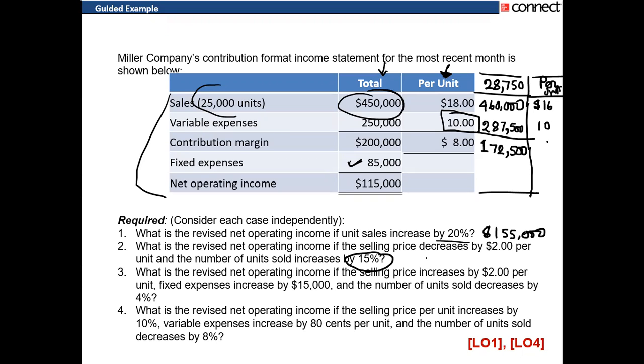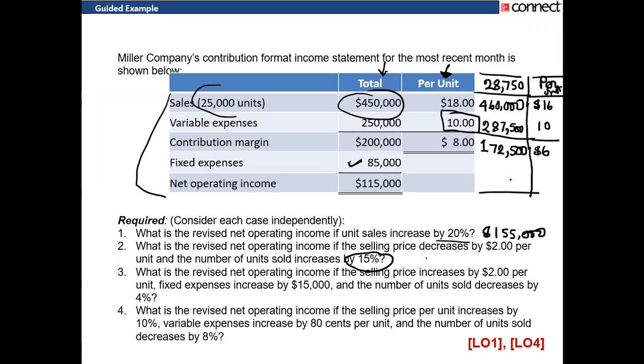Before telling me the number, I'm asking that it will change. Okay, it will be higher number compared to the previous $8 per unit, or it will be a lower number? It will be a lower number because we are getting less price per unit from the sales. Okay, so that amount will be $6 per unit.